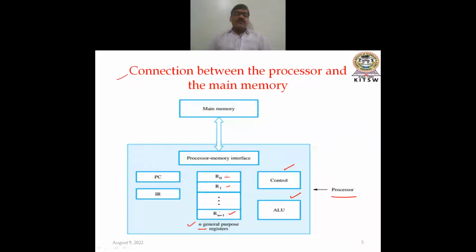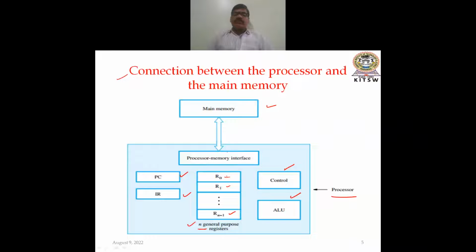Along with these n general purpose registers, we have special purpose registers which we call PC, the program counter, and IR, the instruction register. So these are the different components in the processor, and this is the main memory unit.